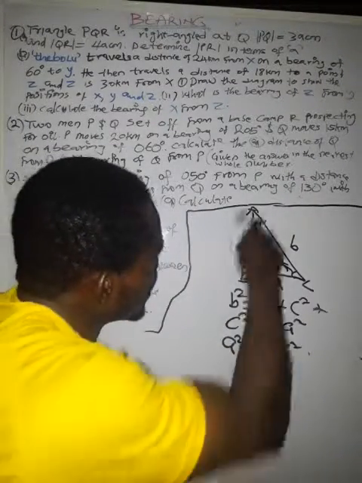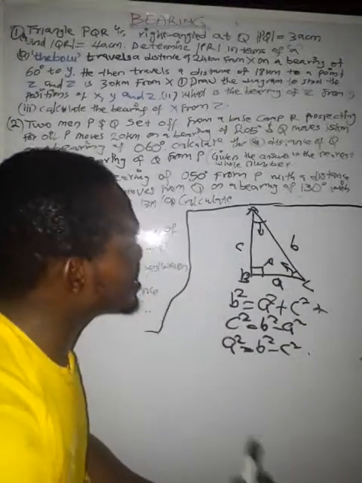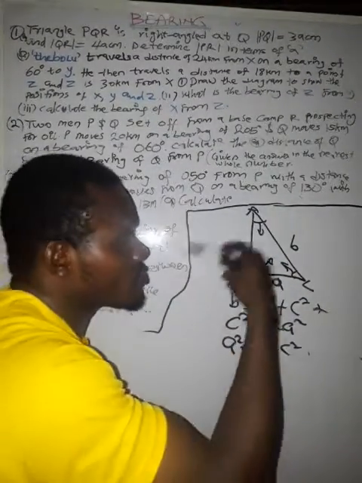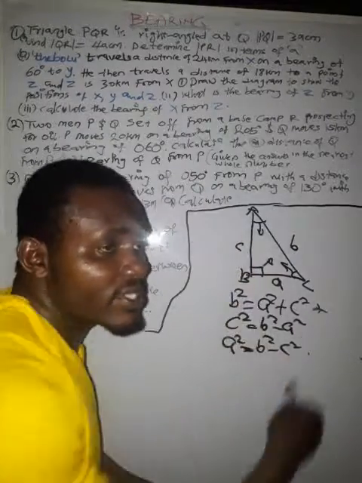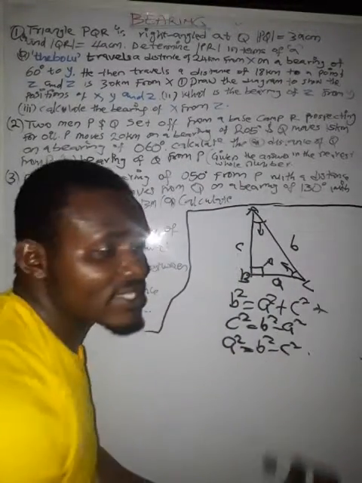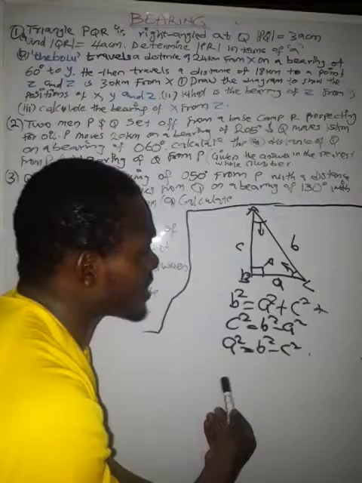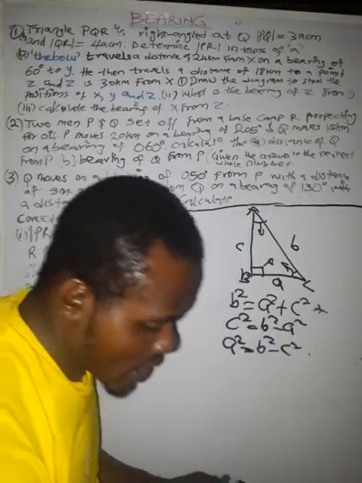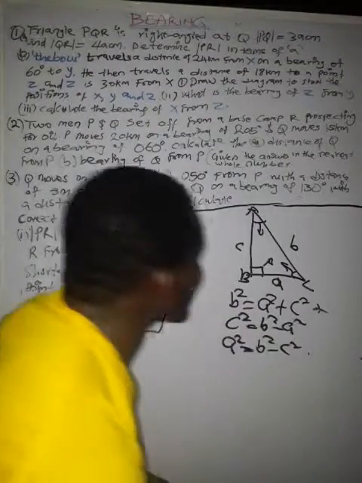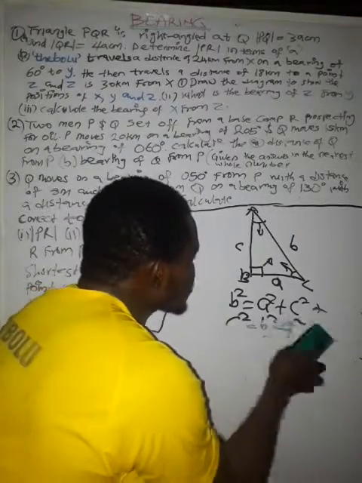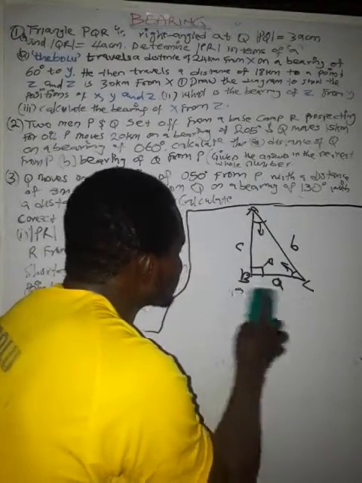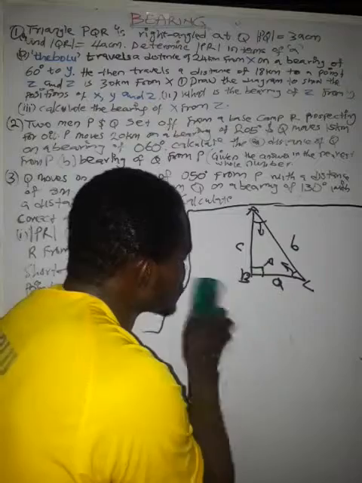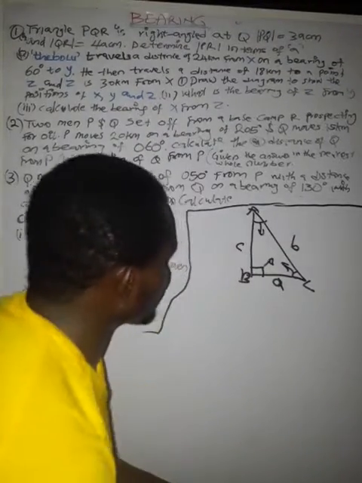So that's why I'm saying that if you interpret the question, and at the end of the day you have a right angle triangle, then what you can apply is the right angle triangle. Then if the question requires you to find any angle within the right angle triangle, you can use your SOHCAHTOA to form whatever you want.